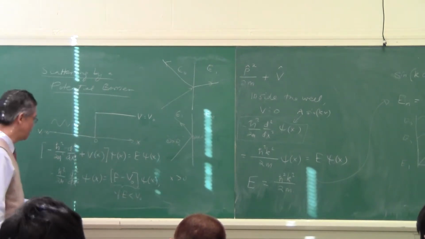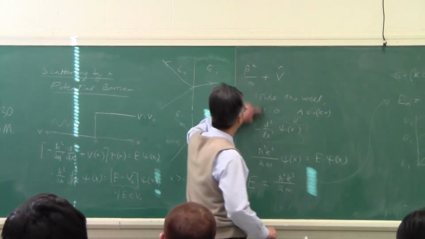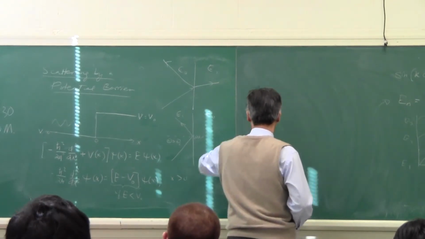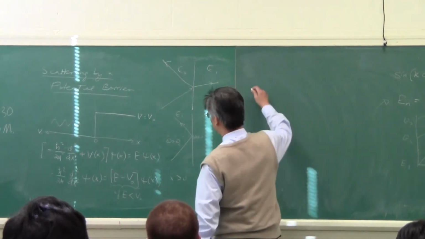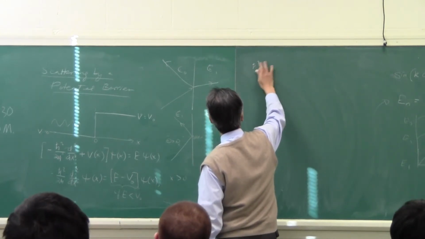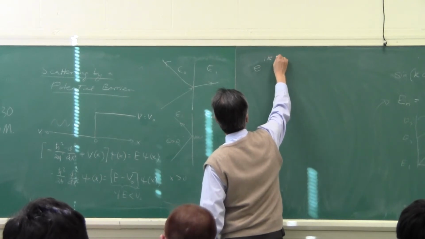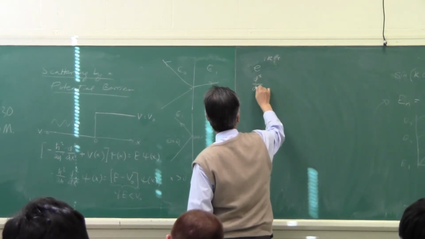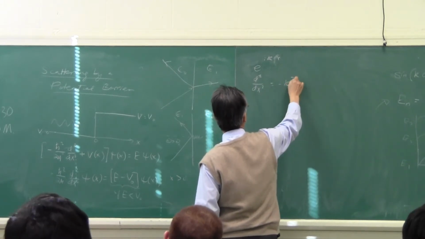Then you have an evanescent wave. Because if you were to solve that equation now, you have h bar squared k squared. If you plug in just a free particle solution, d squared dx squared is equal to minus k squared.